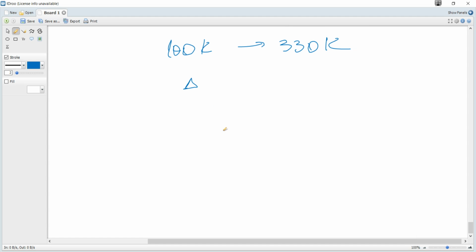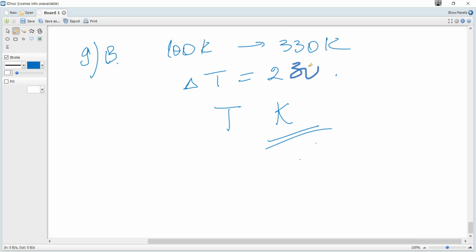But if you meet a formula where there is just T, there must be Kelvins only, because Kelvin is the SI unit. So the change is the same, 230, which is B. Delta T is 230 kelvins and the same in degrees Celsius.